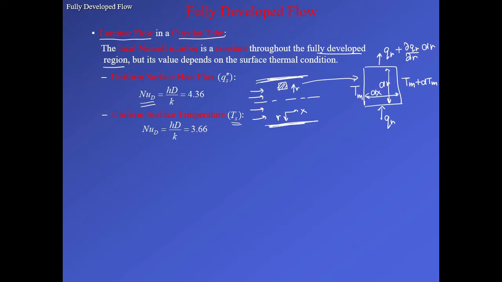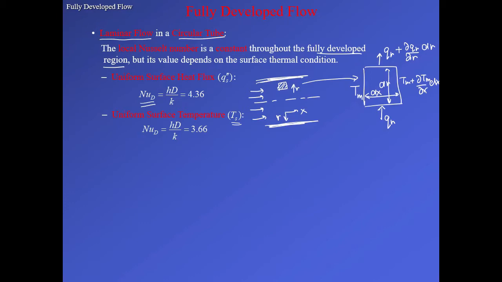Similarly, this temperature change, which is an infinitesimal dTm, can then be written as del Tm by del x times dx.